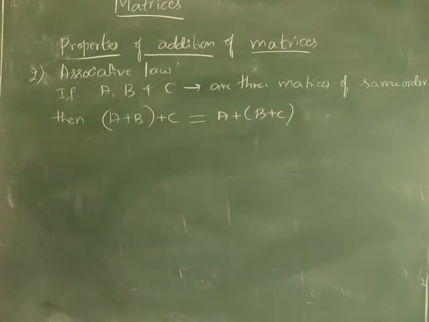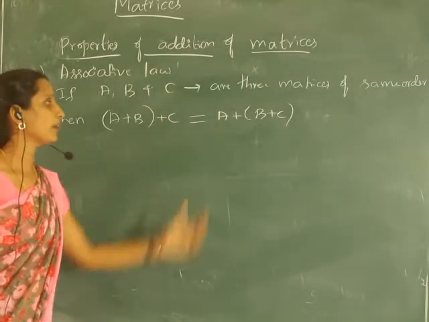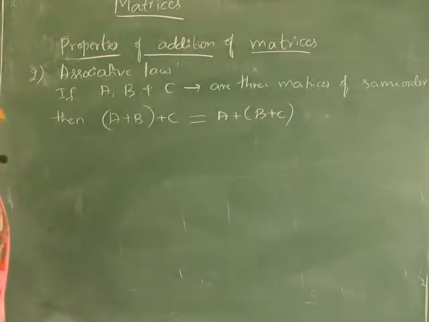This is the same as the associative law in real numbers, or any natural numbers, integers, complex numbers and others. If A, B, C are three numbers, then (A plus B) plus C is equal to A plus (B plus C). So how can we prove this generally?